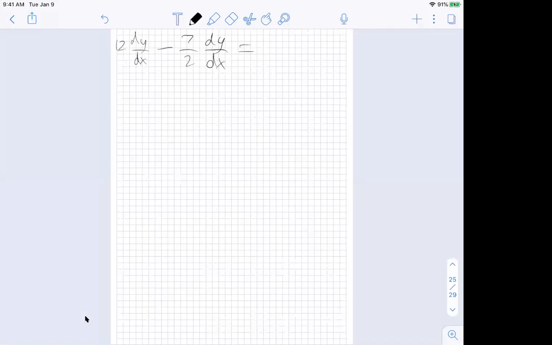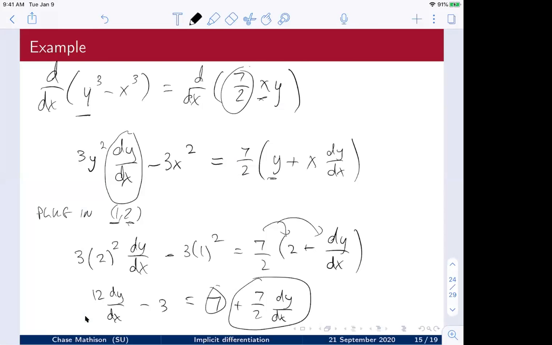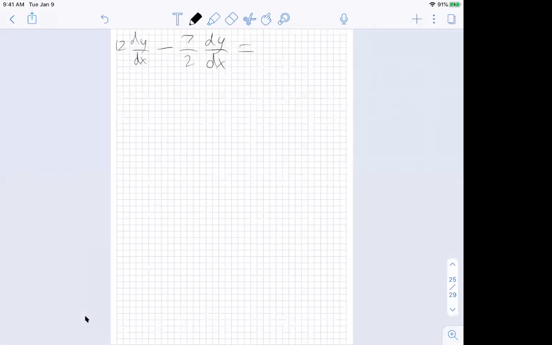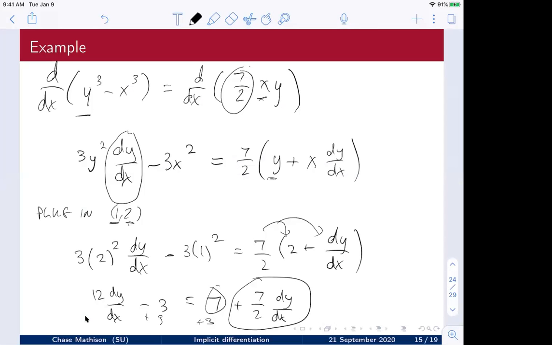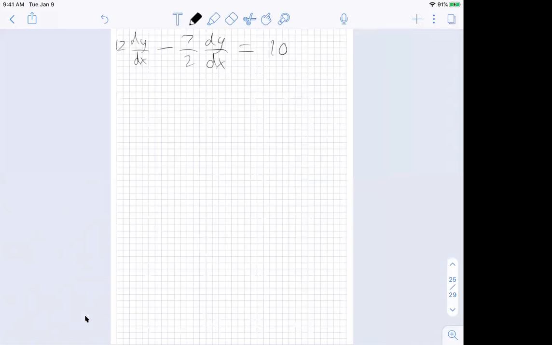And then we'll get everything else on the right. So this is staying on the right, and I'm going to add 3. So 7 plus 3 is 10. All right, any questions on how I went from here to here? I know I did a lot of algebra steps at once.